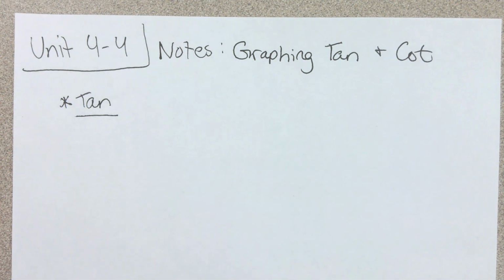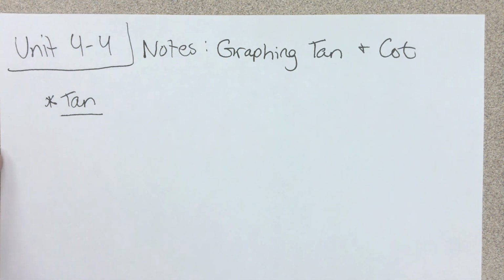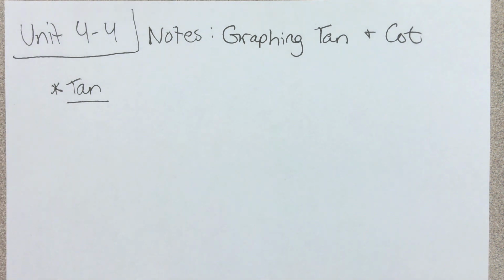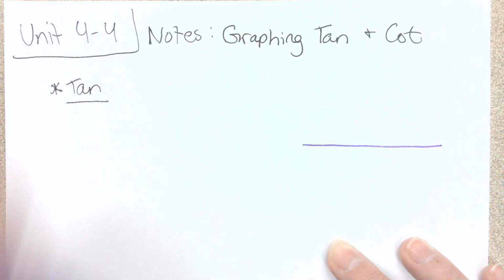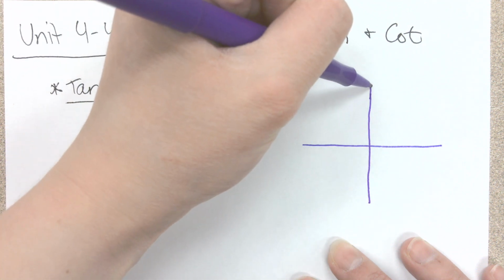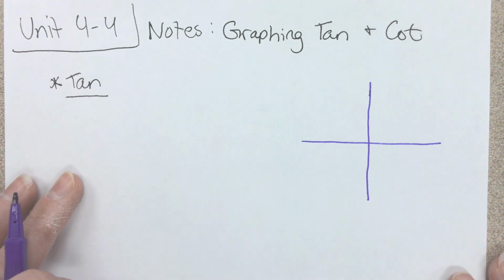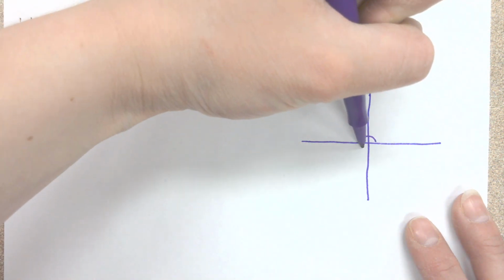I'm going to draw my usual little diagram, just demonstrating what the curve looks like. This time, and only for tangent, I'm going to do a typical XY axis where the origin's at the center of the drawing. Starting at the origin per usual.